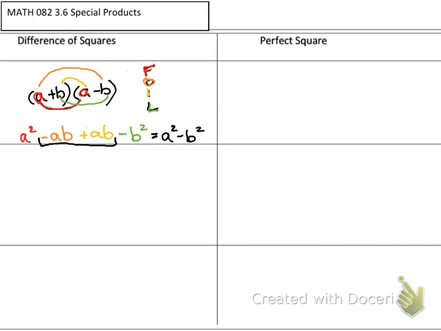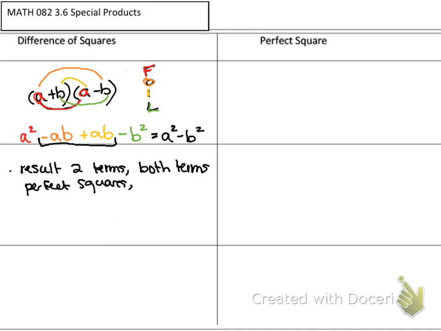So one characteristic of difference of squares is that the result has two terms. Okay? They are both perfect squares. Okay?